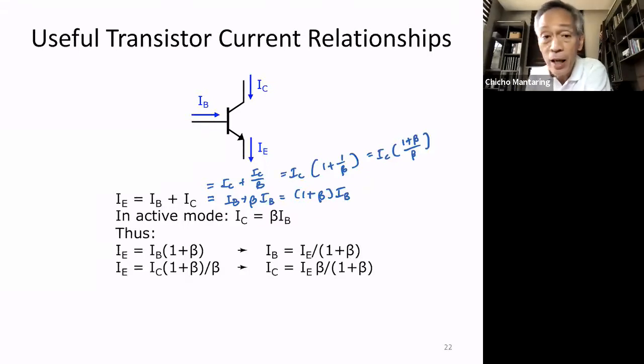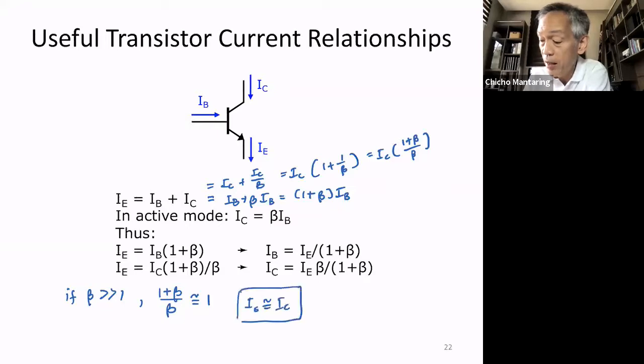Another thing that I want to point out is if beta is very much greater than 1, then 1 plus beta over beta is approximately equal to 1. So when beta is very large, IE is approximately equal to IC. Sometimes we're just trying to make approximations, to get a feel for the operation of the circuit.